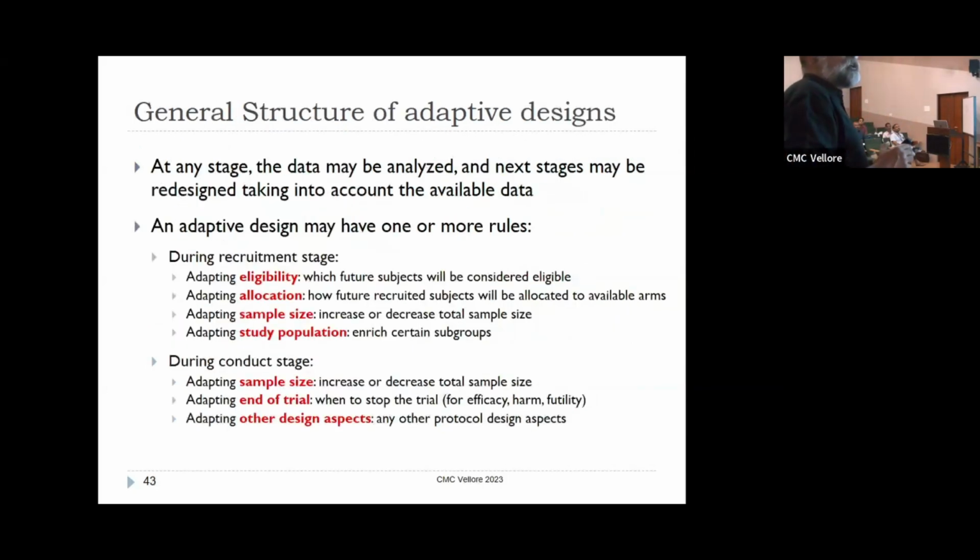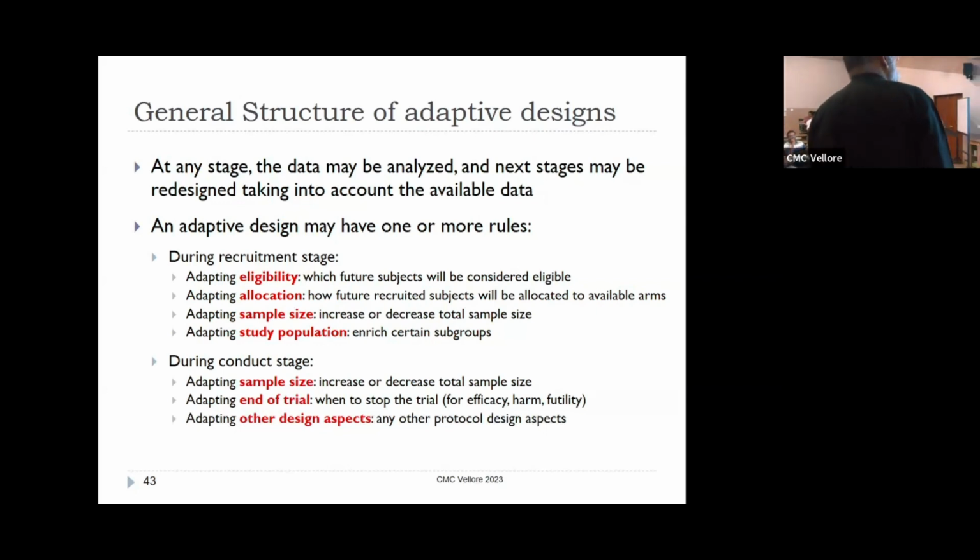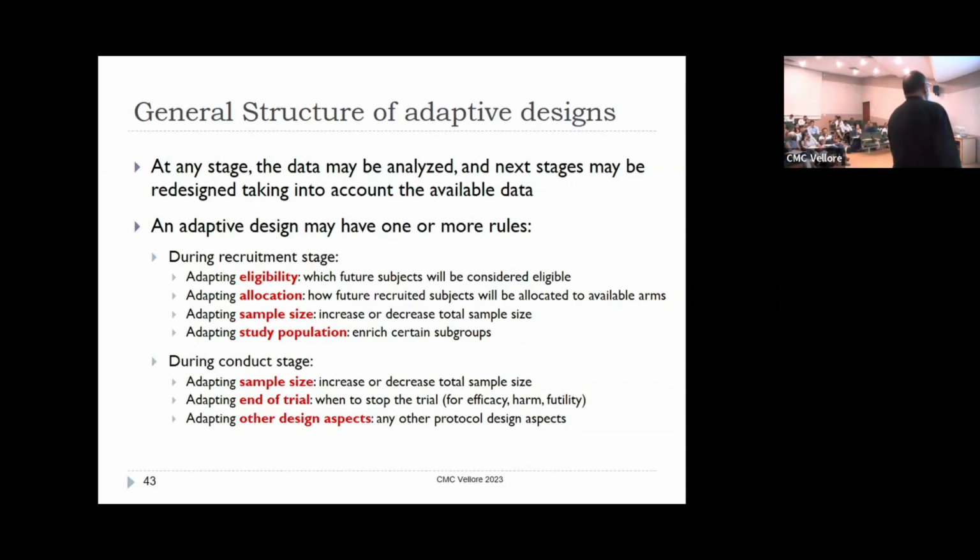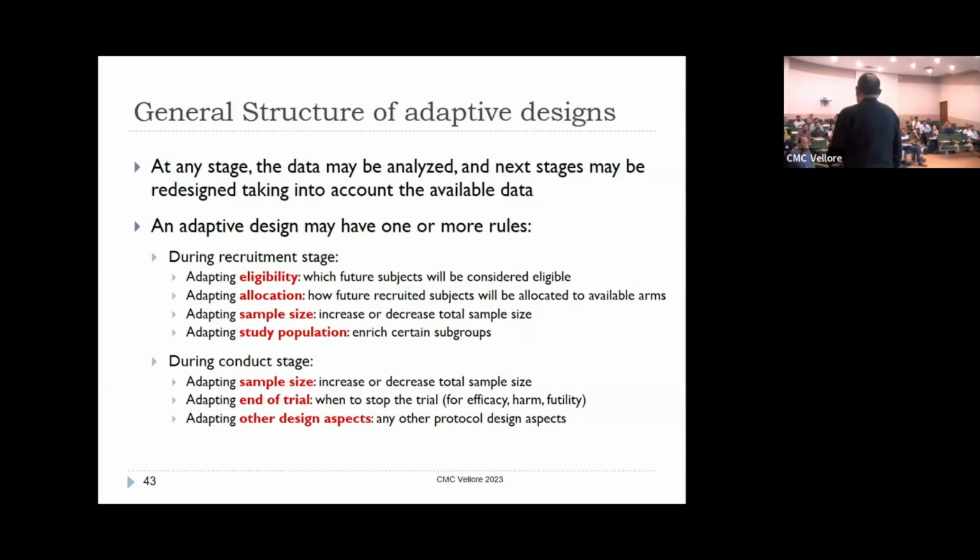So the general structure of adaptive designs is a multi-stage study, and at a given stage, the data are analyzed, and the next stage may be redesigned, taking into account the available data. So, for example, you may look at recruitment and say, oh, I'm not getting enough people because I have restricted too much people that have to have this or to have that.